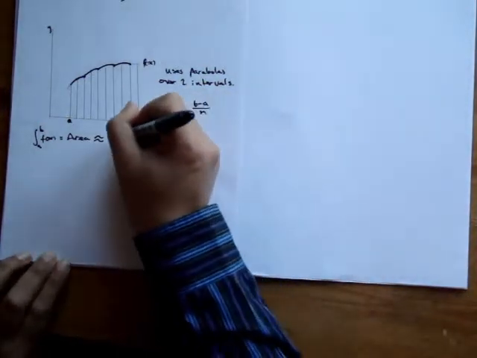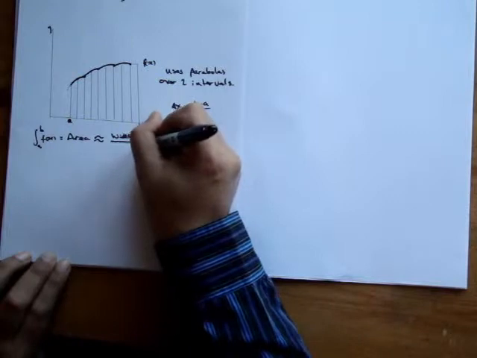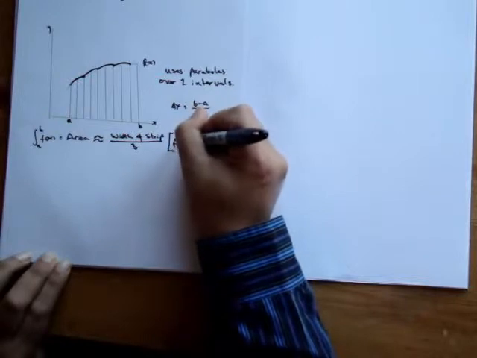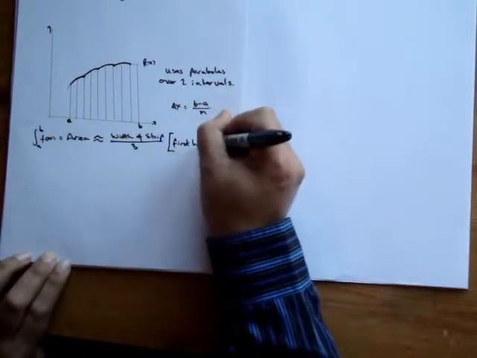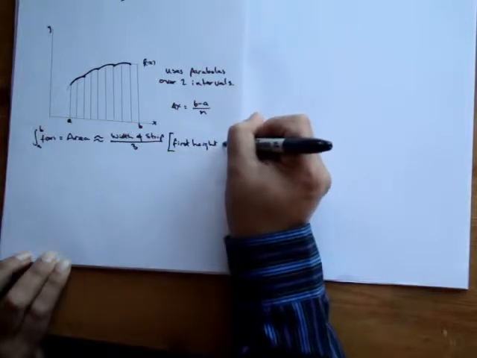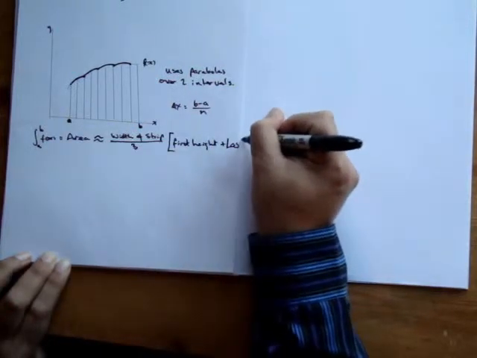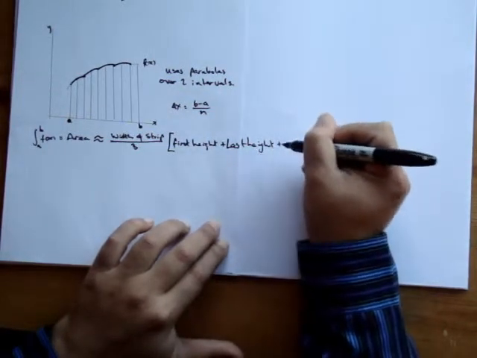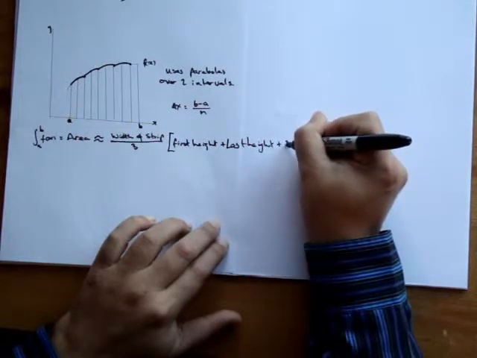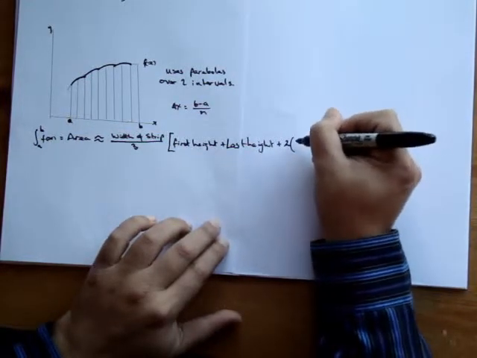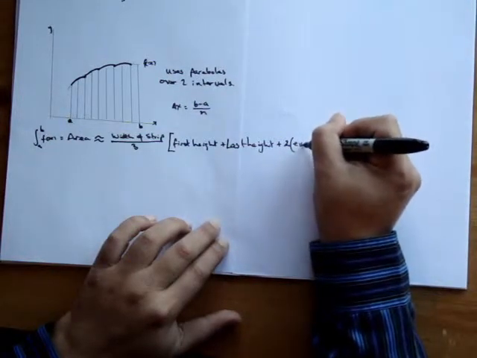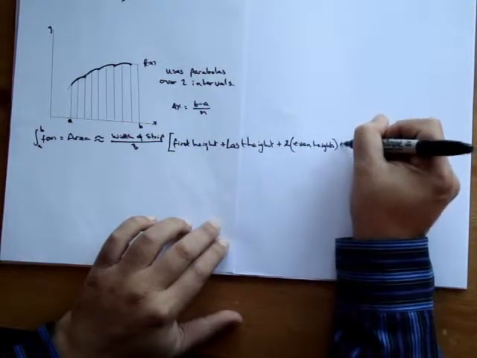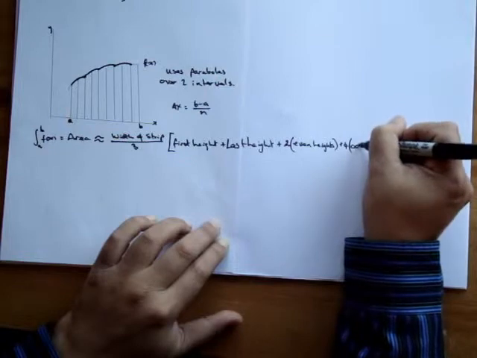So the width of the strip, the 1/3 rule, so we divide by 3 and then we multiply by the first height, plus the last height, plus 2 times the even heights, plus 4 times the odd heights.